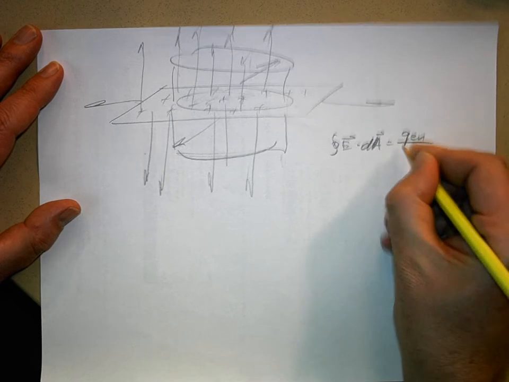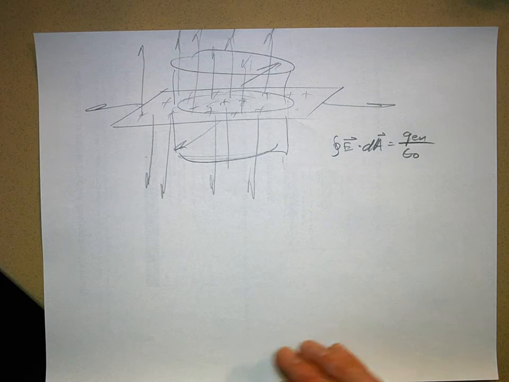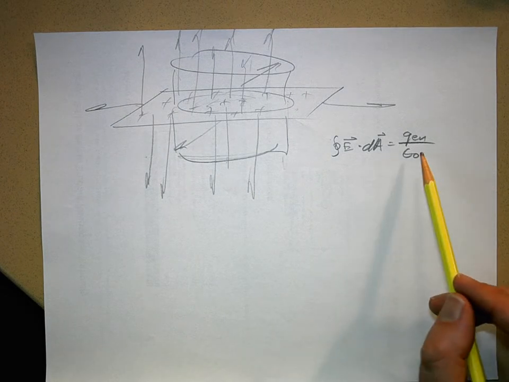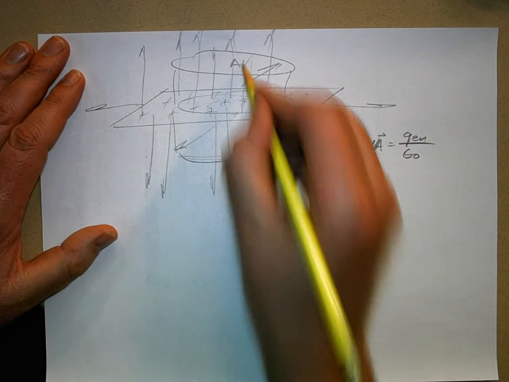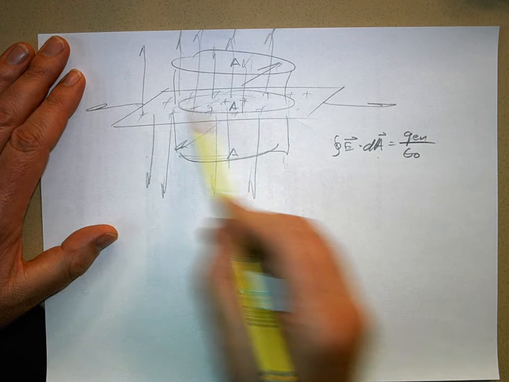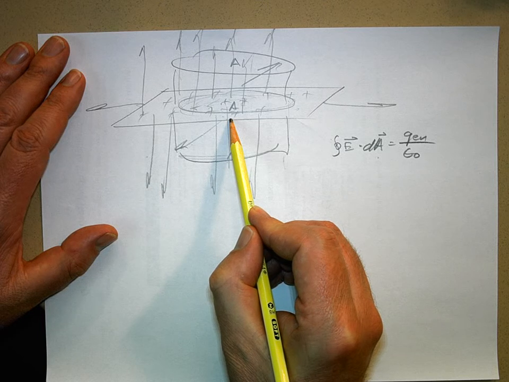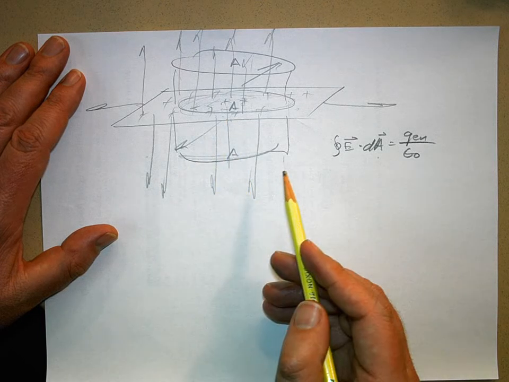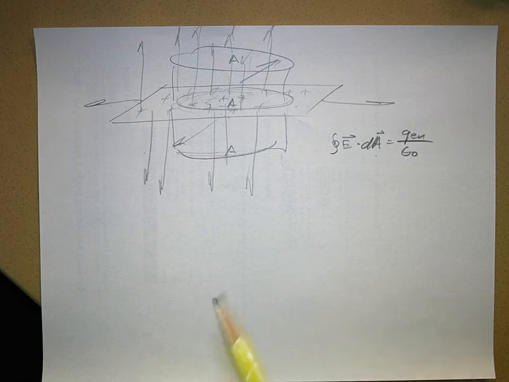Okay. And we have to figure out what is the area of this. It's just A. Well, this is the area, not of the Gaussian surface, though. This is the area that has charge on it. What is the area of the Gaussian surface that has flux going through it? 2A's. Yeah.